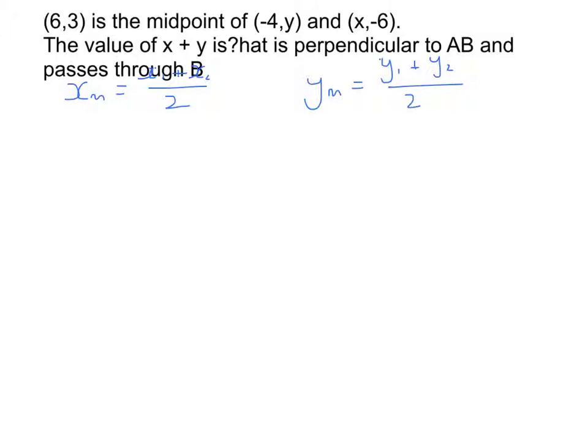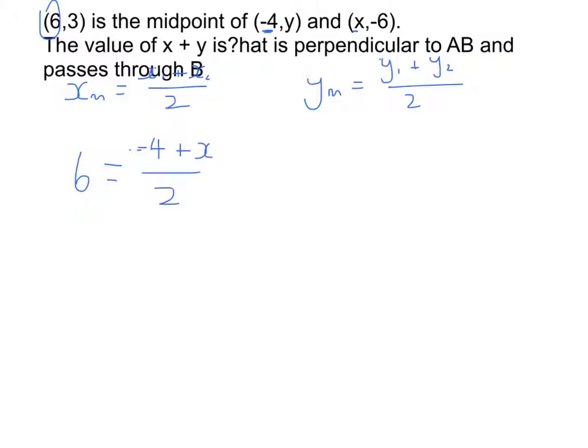So for x, we're told that the x midpoint is 6, so 6 will be equal to the two other x values, negative 4 and x, added together, so negative 4 plus x, divided by 2.